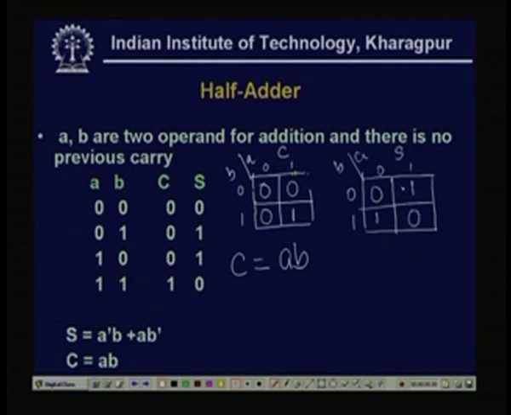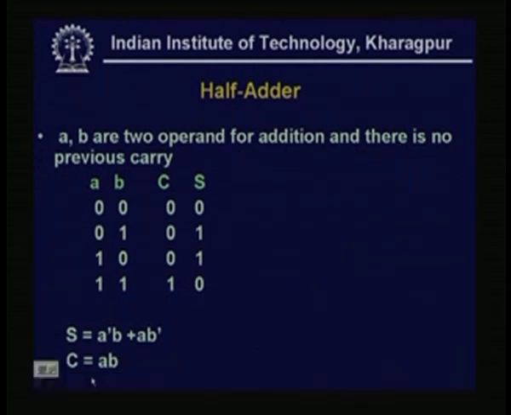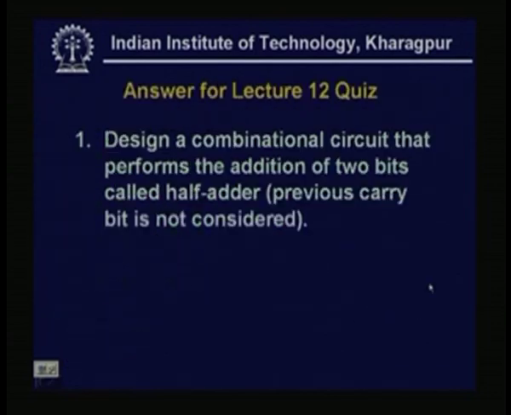So for this the min term is A B dash, and for this one the min term is A dash B. So we have written that S equal to A dash B plus A B dash, and C equal to AB. This is my half adder circuit.